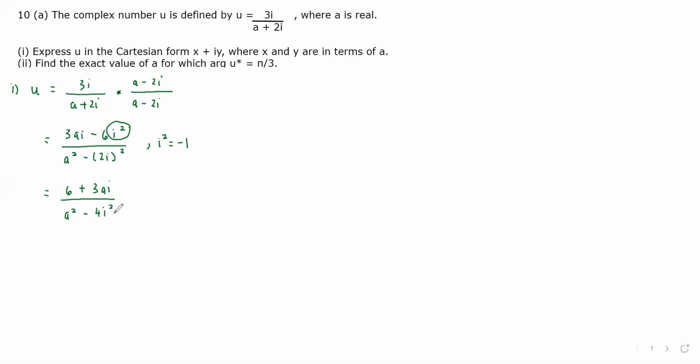Since i squared is negative 1, the denominator is a squared plus 4. In the form of x plus iy, we can write this as 6 over a squared plus 4 plus 3a over a squared plus 4 i.